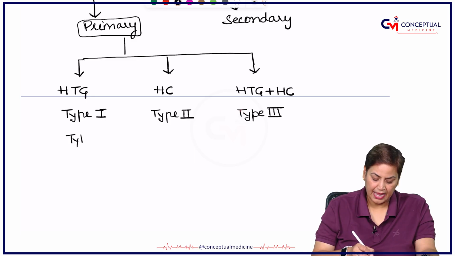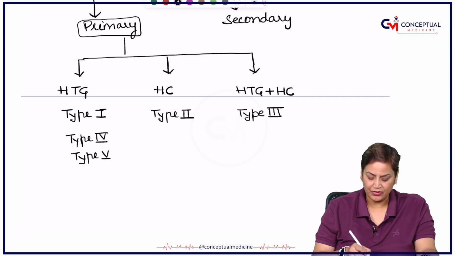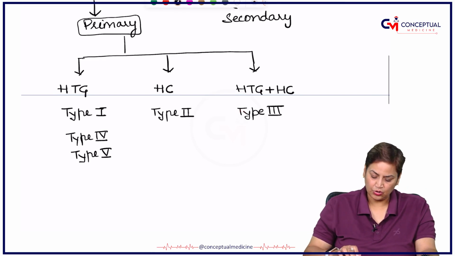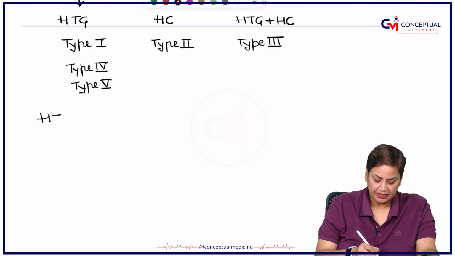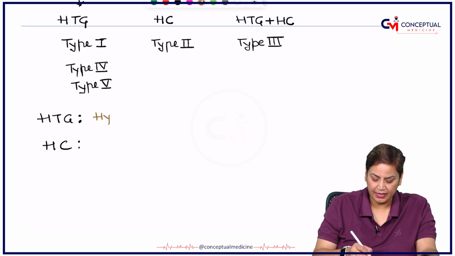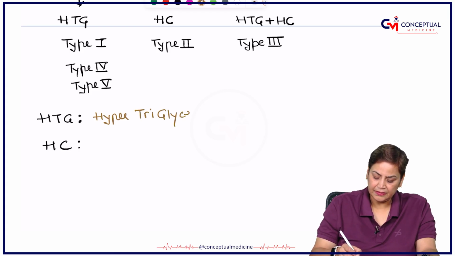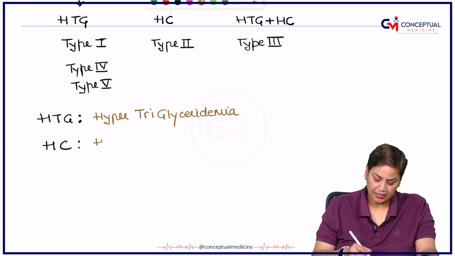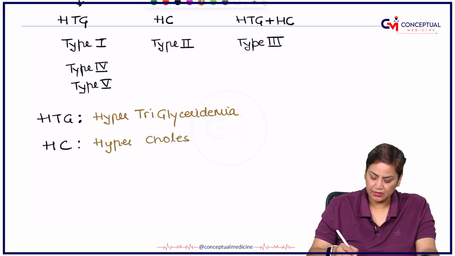In type 4 and type 5 also there is increased concentration of triglycerides. HTG stands for hypertriglyceridemia. HC stands for hypercholesterolemia.